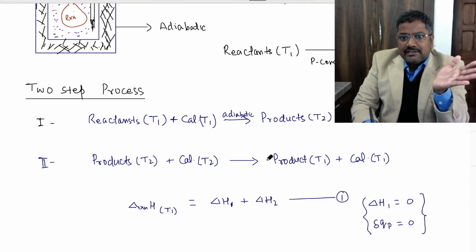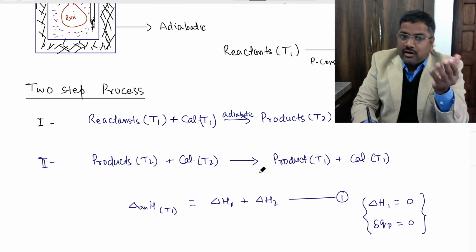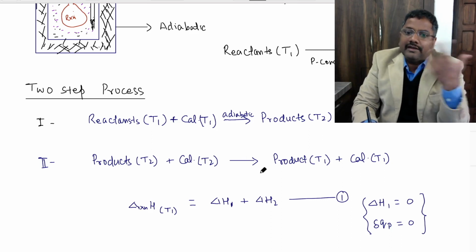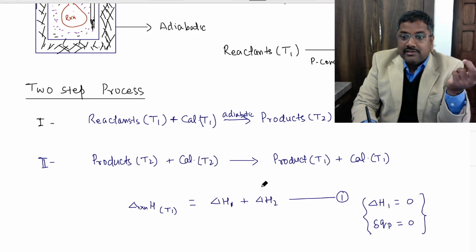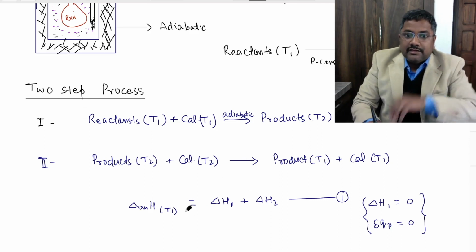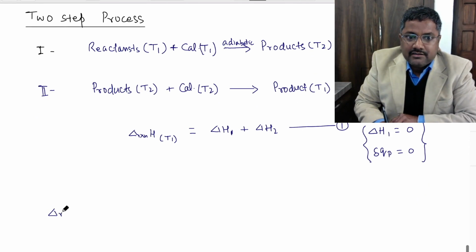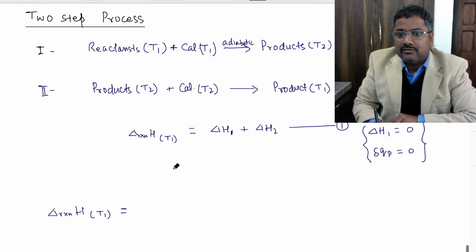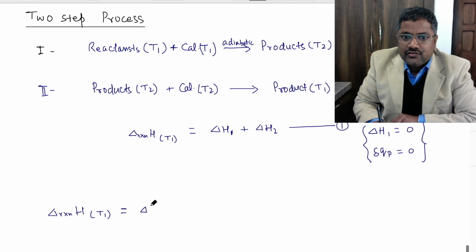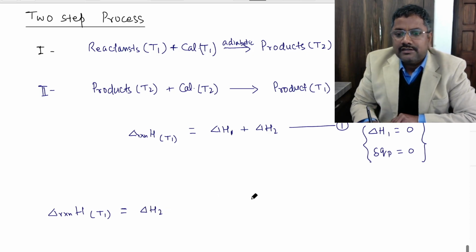Now the second step is basically cooling. So obviously this heat should be given out. So this time QP is not 0. So basically the delta reaction H at temperature T1 is equal to the delta H2 only, right?